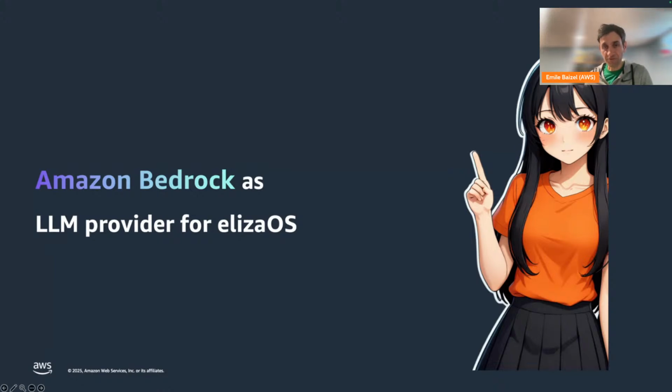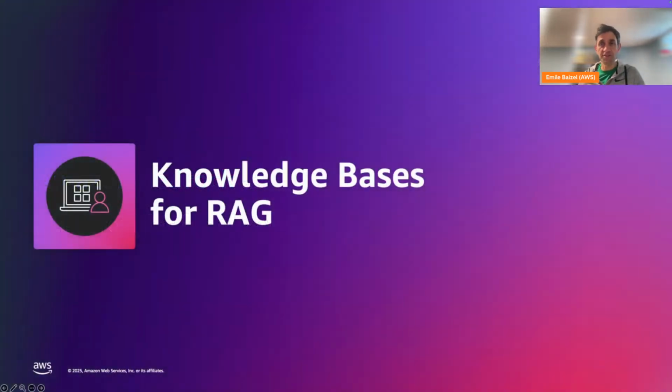Okay. So now we've covered two of the three. We've covered inference and we've covered agents. And so the third thing I'm going to cover is knowledge bases for retrieval augmented generation. If you're not familiar with RAG, a way I like to think about it is when a large language model is created, its knowledge is essentially capped at that moment in time where it was created.